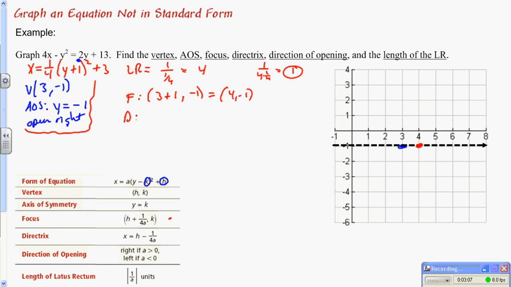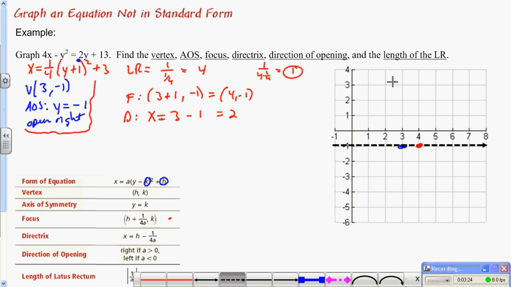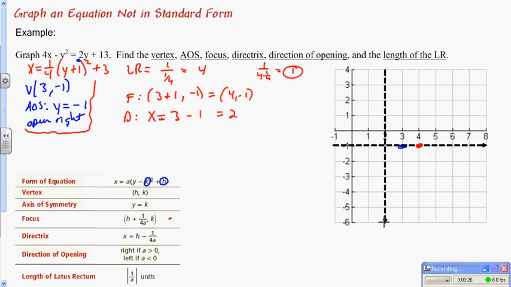The directrix is now x equals instead of y equals. H minus, so 3 minus 1/4a, which is 1 again. So x equals 2. All right. Now again, a quick observation. The distance from the focus to the vertex should be the same as the distance from the vertex to the directrix, and that does work.